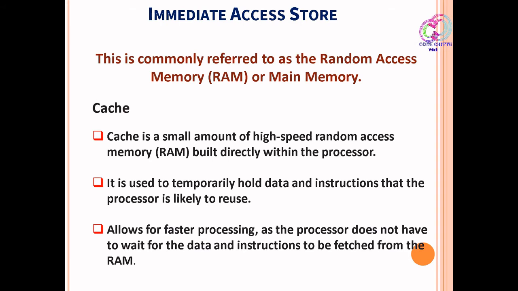Take for example, if I want to use something often, I will keep it with me, near to me, so there is no need to go far to take it. This is the main reason why cache memory is used, so that the processing speed will be very high.